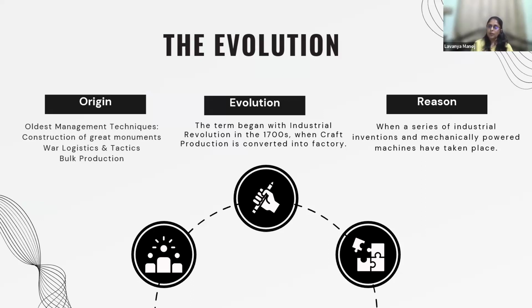So there was a need for the invention of new machinery. When new machinery, new tools and new production concepts came into existence, this workflow became systemized. A system was followed, and a few techniques were invented by a few scholars to go with the quality process. So that's how operations management evolved from the olden days to the present day.